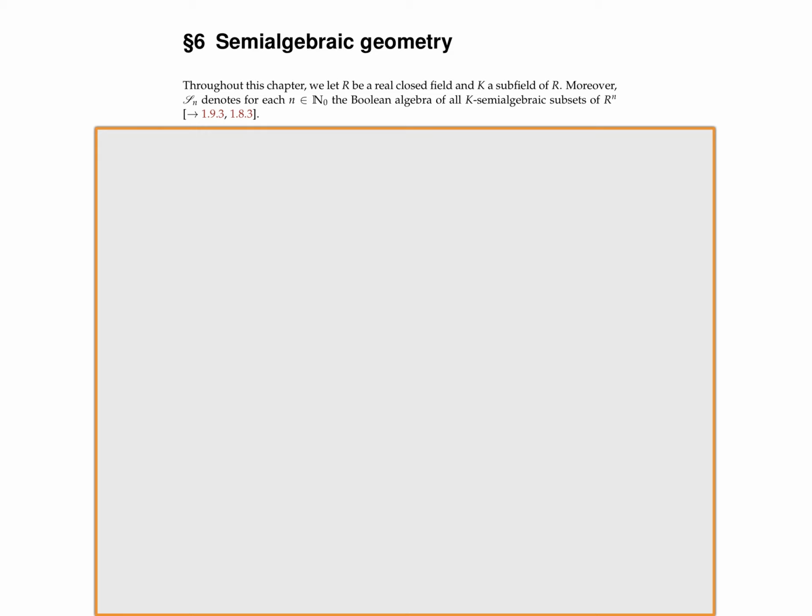We will do this in the following setting. We have a real closed field R, and we look not just at semi-algebraic sets, but more generally at K-semi-algebraic sets, where the sets are Boolean combinations of polynomial equations and inequalities where the polynomials have coefficients from K. That is often useful also.